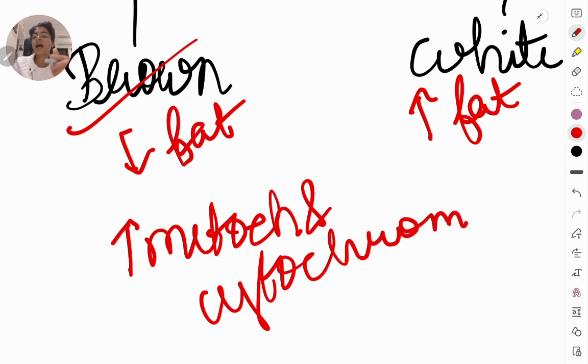Thereby there is high oxidation of the fat and glucose, leading to thermogenic effect. But keep in mind that the peculiarity of the mitochondria is that the oxidation of glucose and fat and their phosphorylation are not coupled. Thereby there is less ATP formation, while the energy is released in the form of heat.